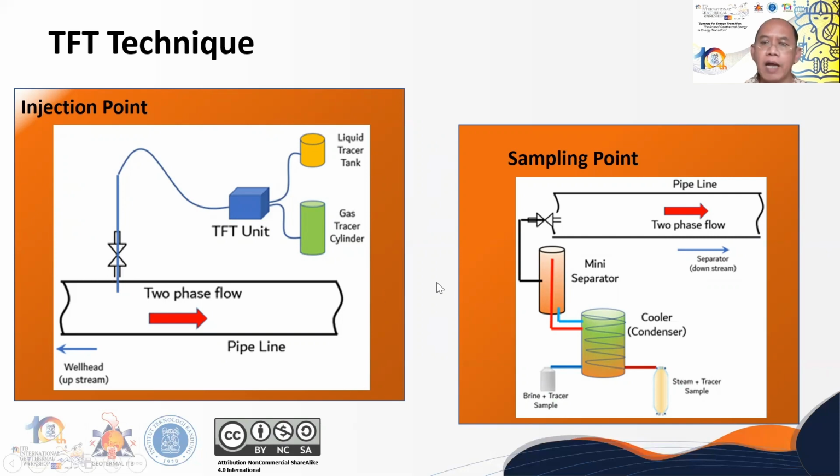And on the downstream side, after the tracer has completely mixed into the fluid, we take a sample using a mini separator. After that, all the samples are sent to the lab to calculate steam and brine flow rate, and also the enthalpy.